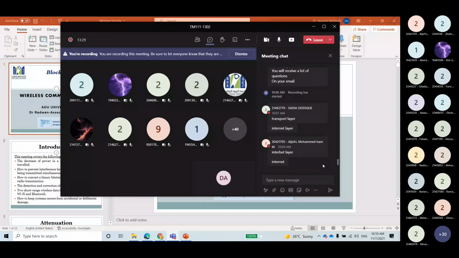What is the role of the IP address? It is the identifier of each device or each computer in the internet. Once you are connected, you are identified by your IP address. Without an IP address, you cannot connect. You cannot join these networks.